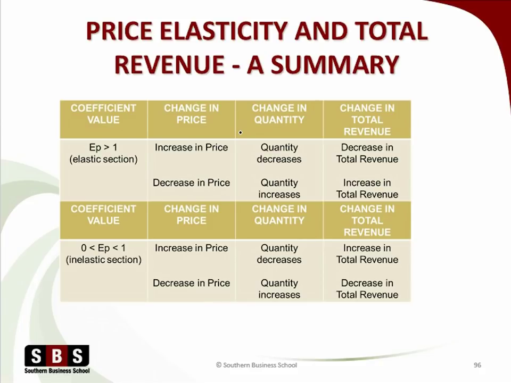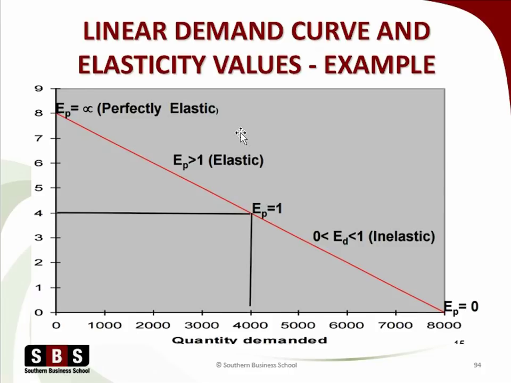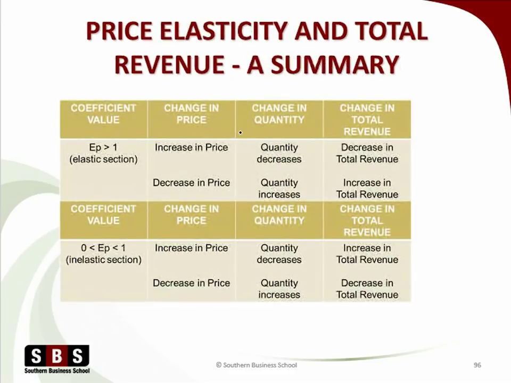Now this is a summary of the demand curves that we've just shown. If a coefficient value of elasticity is bigger than 1, then it's elastic. And if it's smaller than 1, or 0, then it becomes inelastic.